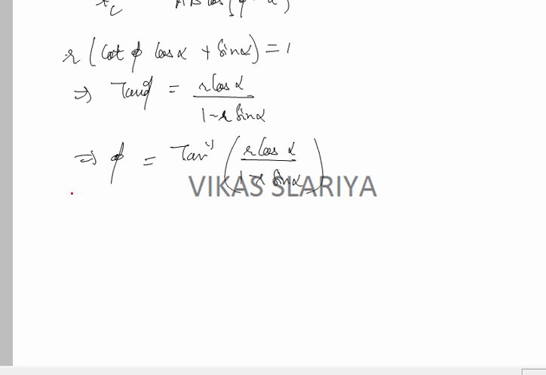Chip thickness ratio is always less than 1, means R is equal to T by TC is less than 1.